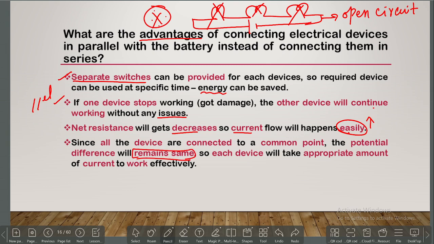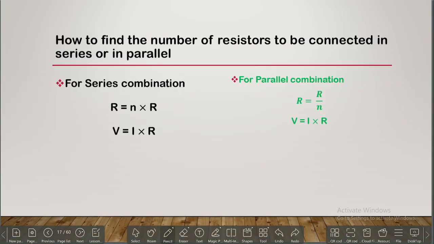In domestic circuit, the potential difference value is going to be 220 volt. Since the potential difference is same, that means it's going to be 220 volt. Each and every device will take the appropriate amount of current to operate. Clear? So these are the important advantages of parallel combination compared to the series. Next.